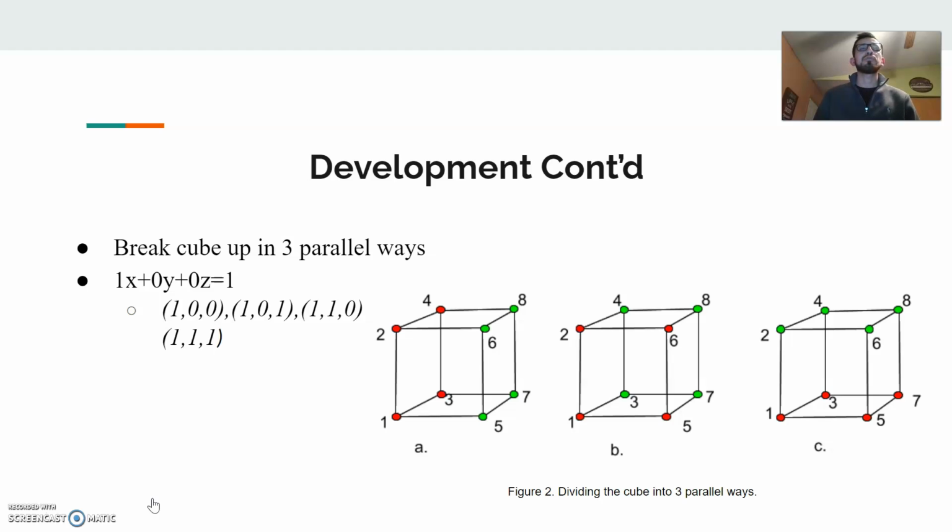For figure 2b, we will be using the equation 0x plus 1y plus 0z equals 1, and for figure 2c, we're going to be using the equation 0x plus 0y plus 1z equals 1.